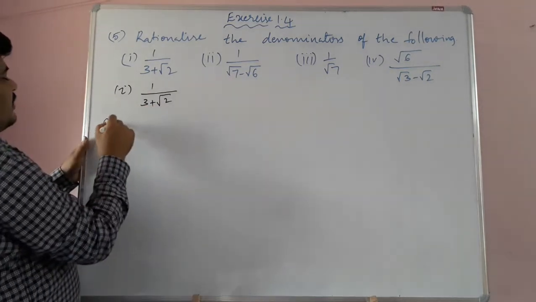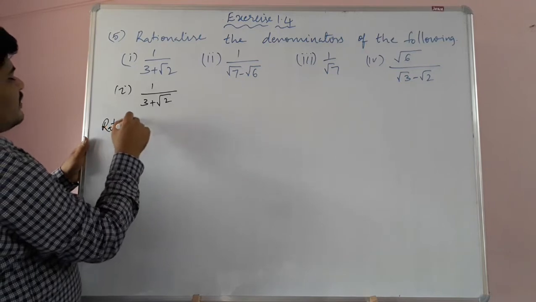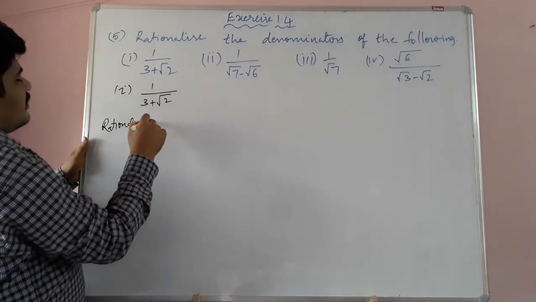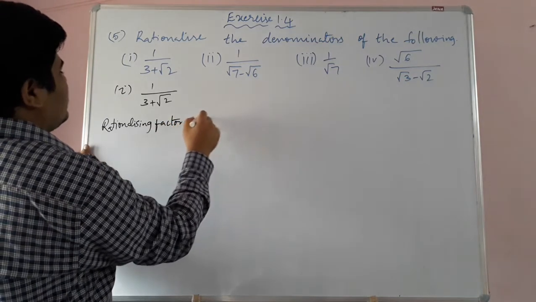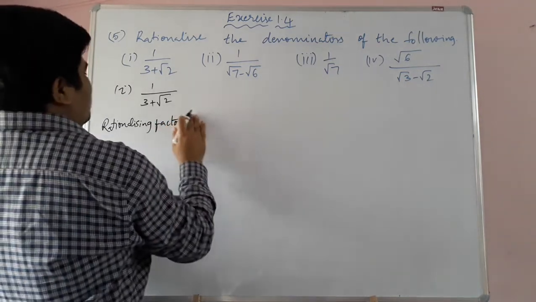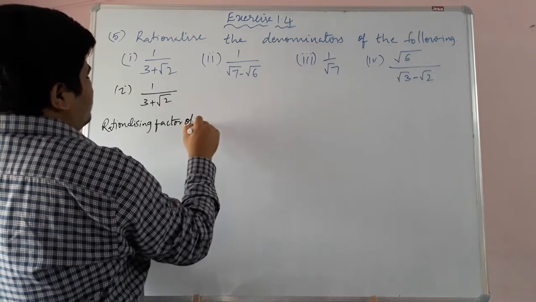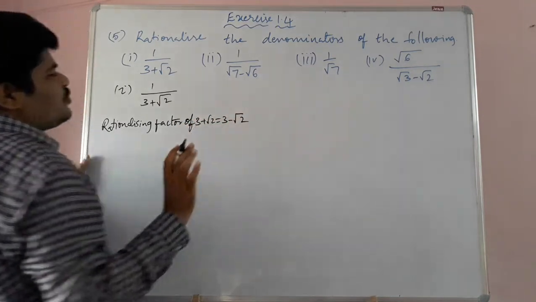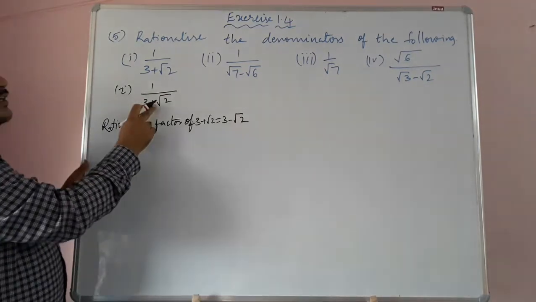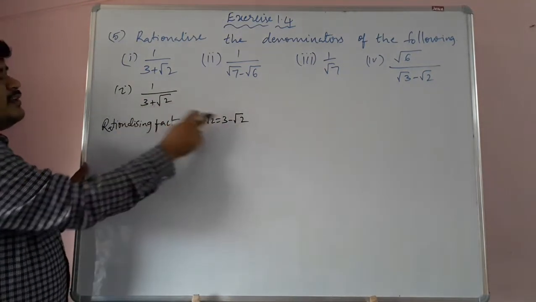That is the first step. So the rationalizing factor of 3 plus root 2 is 3 minus root 2. Very simple thing: if there is plus in between, take minus; if there is minus, take plus.